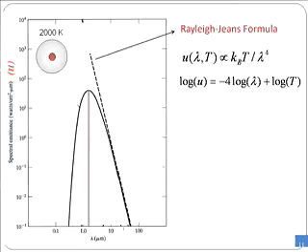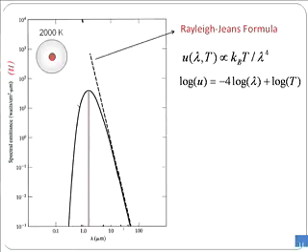And you can easily check that for 1 order of magnitude change in the lambda axis, you indeed have 4 orders of magnitude change in the y-axis. So this equation is indeed right.